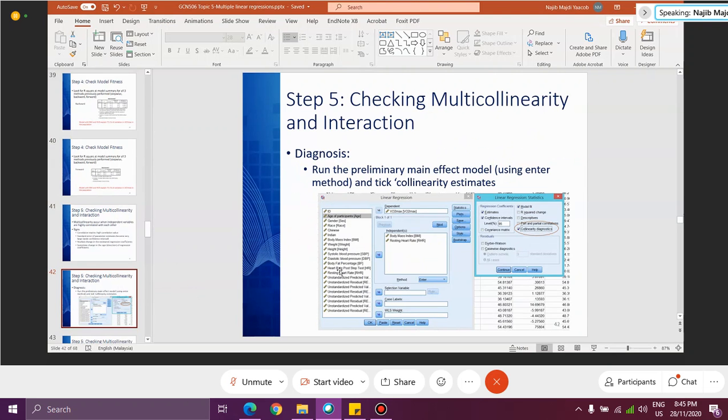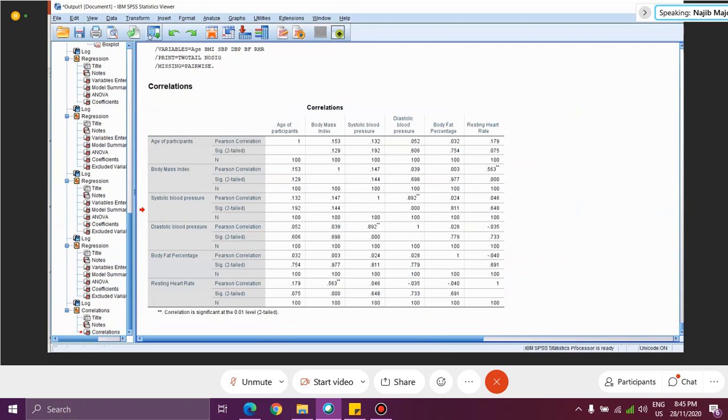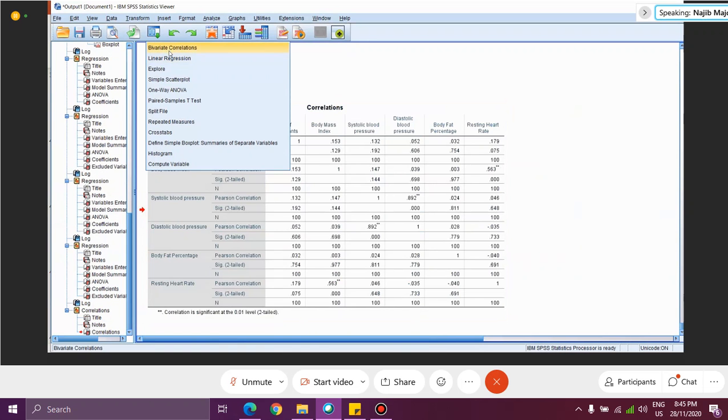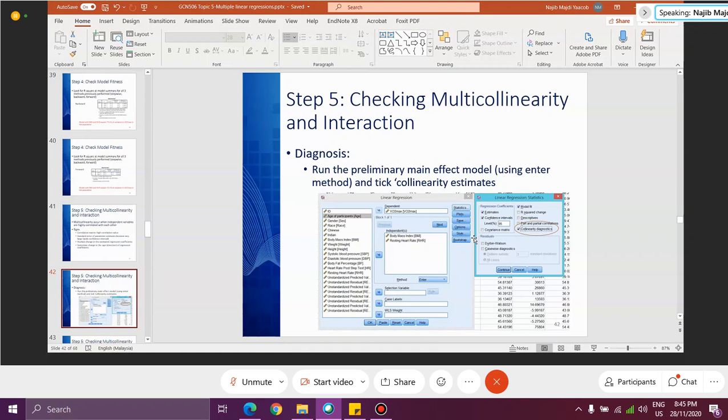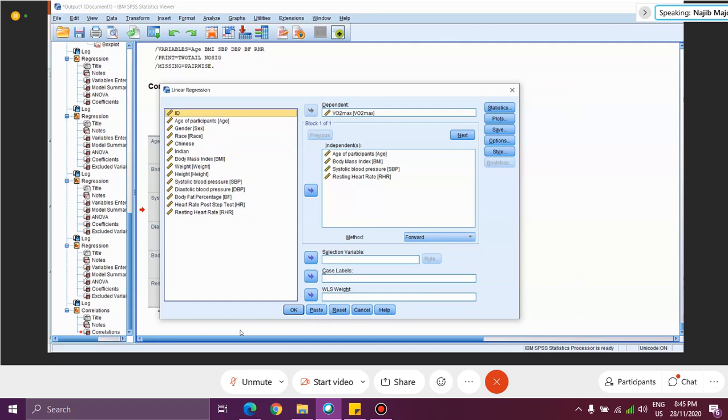Okay, so in SPSS, you can use this option, collinearity diagnostics, to check for multicollinearity. So for example, if I run linear regression, okay, with only two variables in our preliminary main effect model, BMI and also resting heart rate.